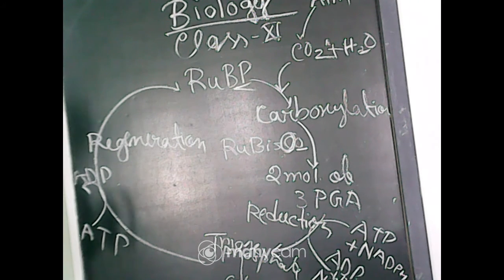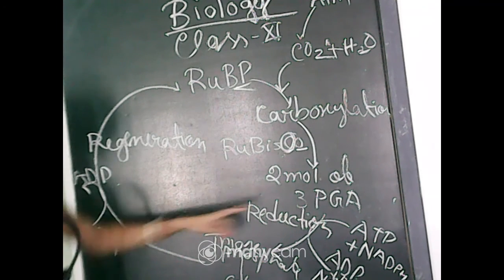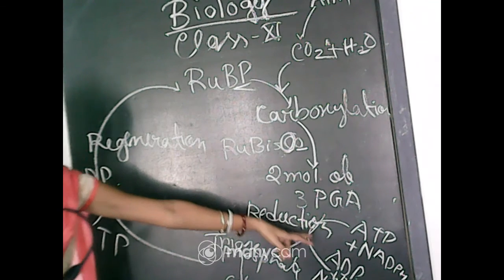So the Calvin cycle proceeds in these 3 stages. I am repeating: carboxylation, during which CO2 combines with ribulose 1,5-bisphosphate. Second, reduction, during which carbohydrate is formed at the expense of the photochemically made ATP and NADPH.